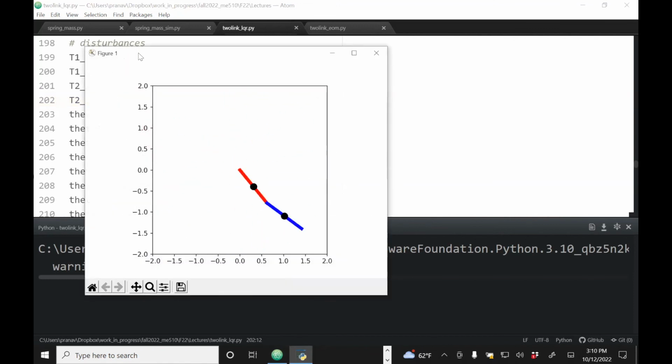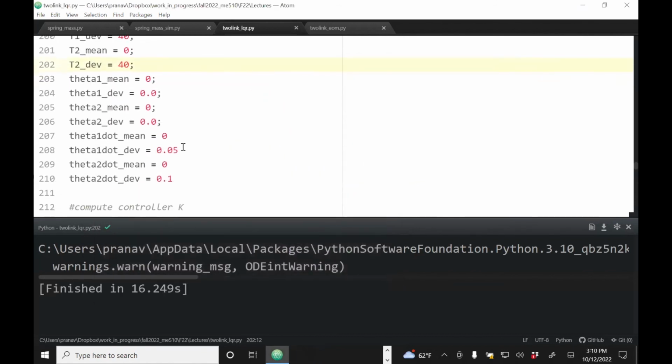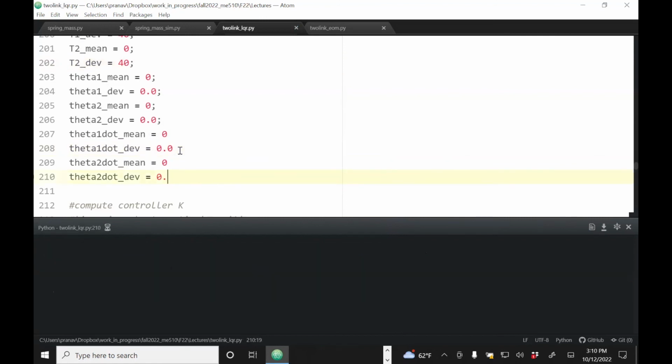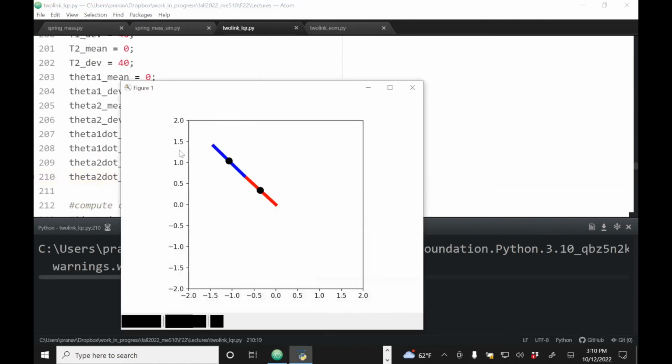Yeah, so it failed because remember that my controller is valid for small perturbations about 0. So if you perturb it too much, then it's going to fail. Now, it might actually work if I reduce this. I think it failed here too.